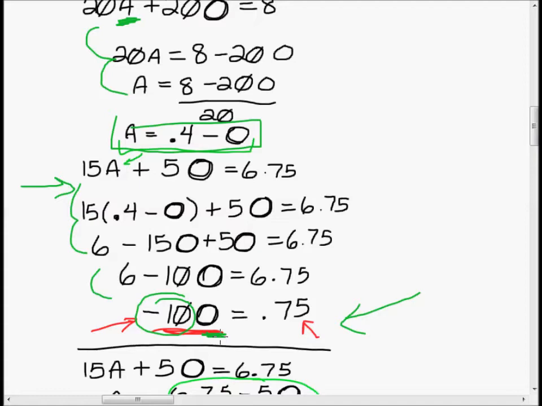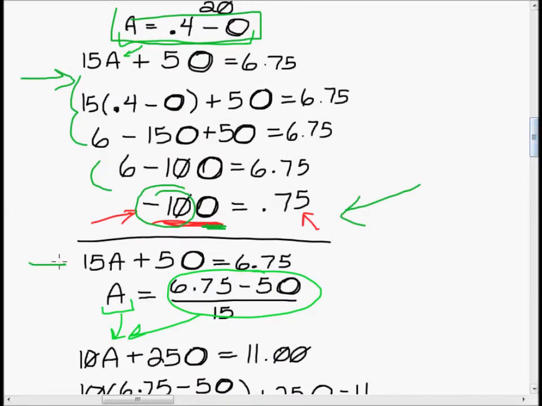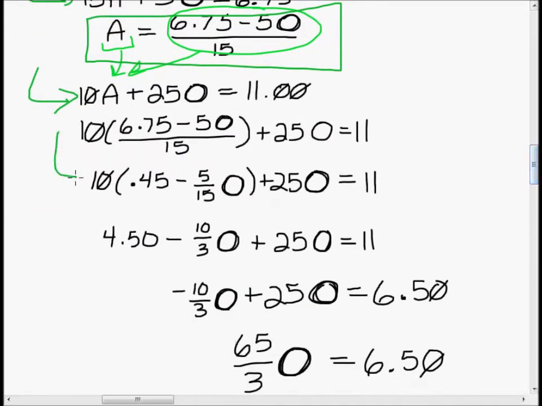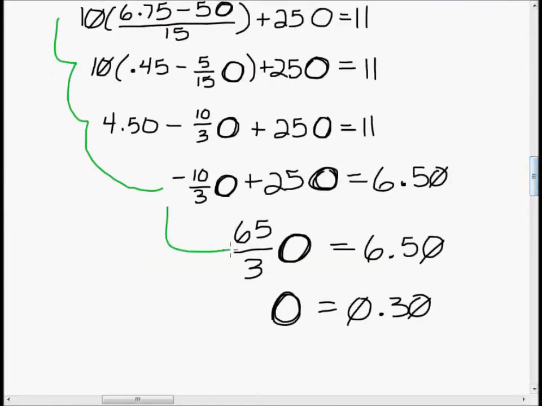So at that point, we backed up, and now we're looking at Dick's equation right here, and we solved for A. We plugged that into Harry's equation. We did some math. There's a lot of math here, and then we got an answer, and that's a legit answer.